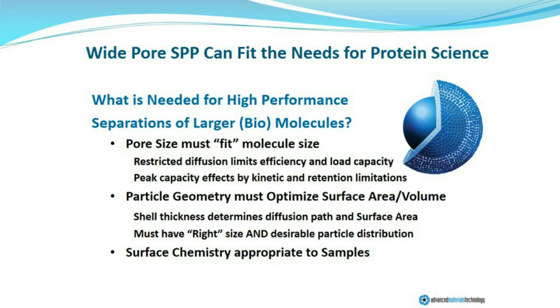So what do we need for a good protein separation? Well, the first thing we need is very wide pores. Pore size must fit the molecule size in order to eliminate or reduce the diffusional limitations that one obtains for such molecules making it into the superficially porous particle structure.